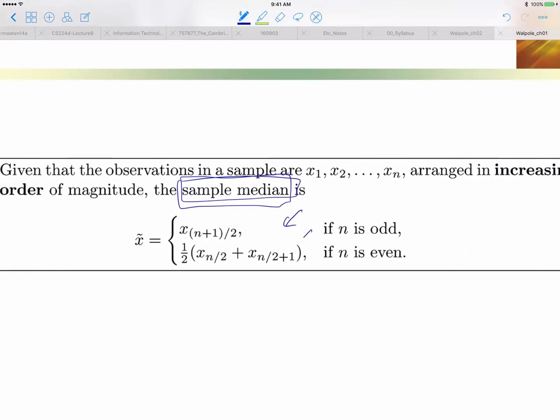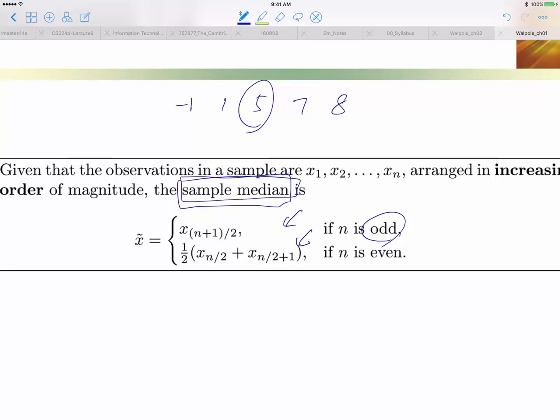There are two different definitions here, as we see. If the number of samples is odd, then there is clearly a median item. So -1, 1, 5, 7, 8, and this one is clearly our median in the middle, when they are sorted.